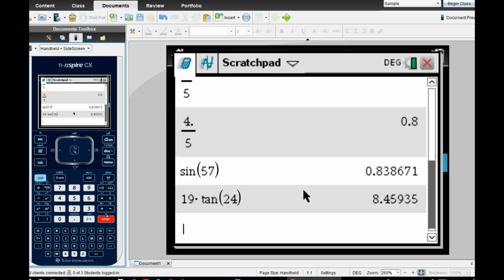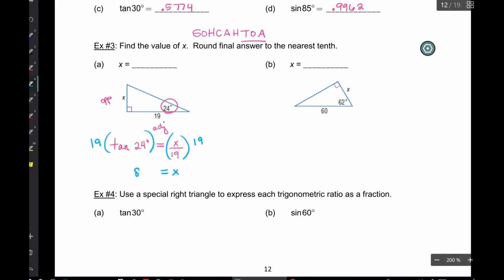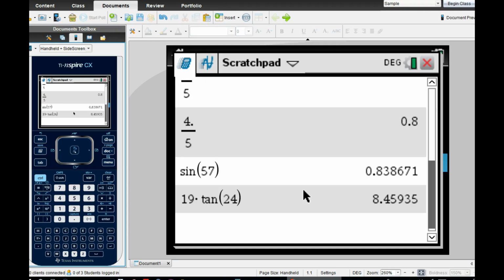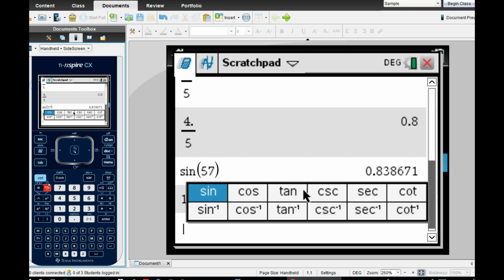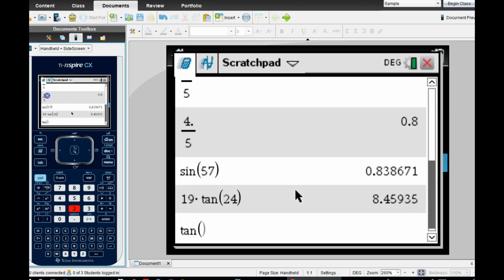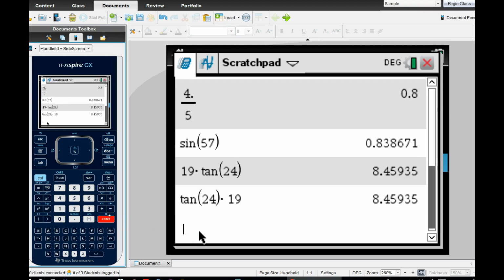And then here we want to round to the nearest 10th place, that's going to be 8.5. Now you could have put in the tangent of 24 and then times 19, but you have to move your arrow over because you don't want to have the times 19 inside the parentheses. So you'll notice we'll get the same answer there.